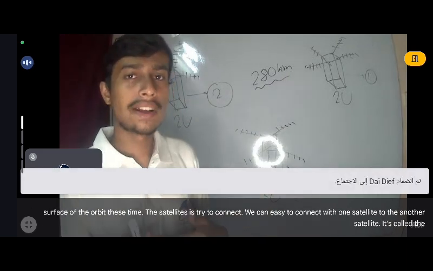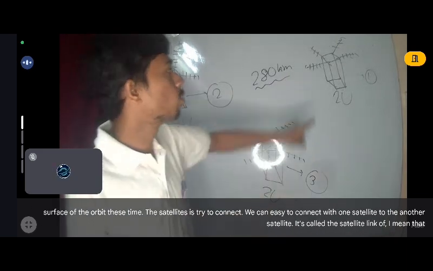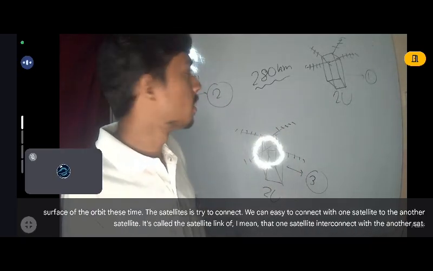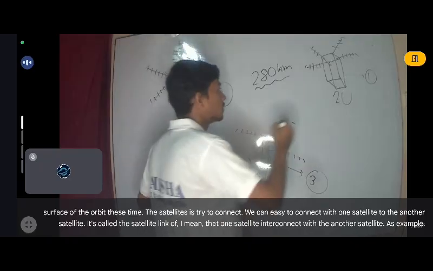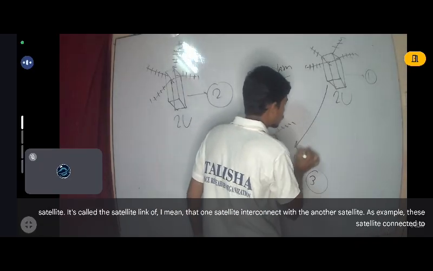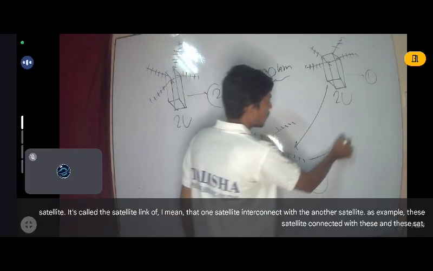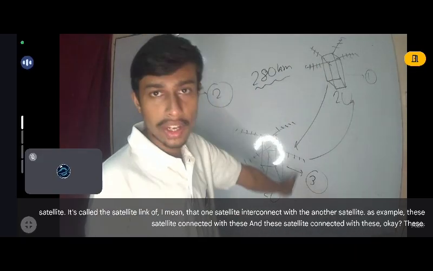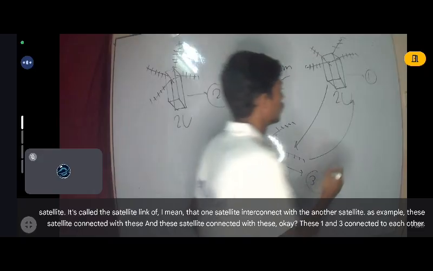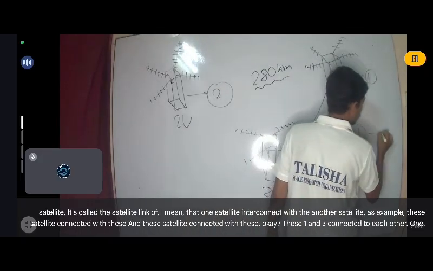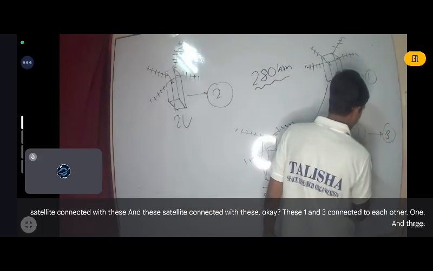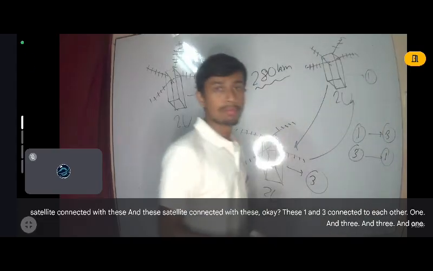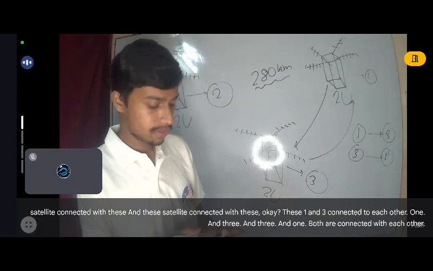It's called the satellite link up. I mean that one satellite interconnects with another satellite. As an example, this satellite is connected with this, and this satellite is connected with this. These 1 and 3 are connected with each other.